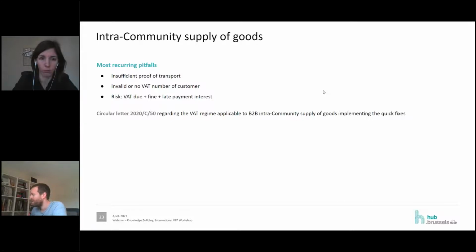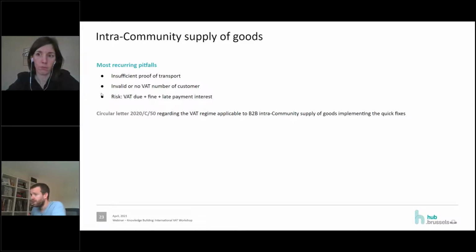I'm talking about VAT, but of course you also get fines and interest, and depending on the inspector, they are pretty strict there, and it really has a huge cash flow impact. So what we stress to our clients is really to be able to justify these transports, to gather the transport documentation for each invoice.